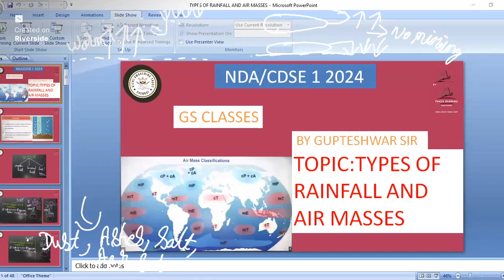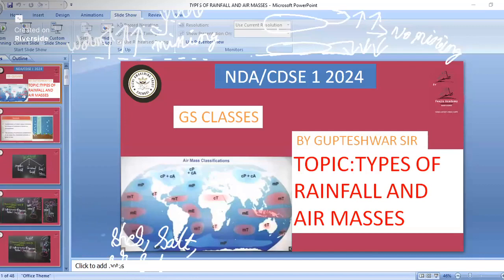So vertical mixing is happening. This is known as the unstable condition, the unstable air. Then all those small parts condense themselves, and after they become bigger in size, they come down to the earth surface as rainfall.